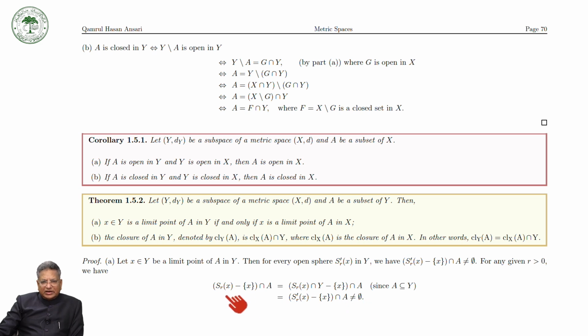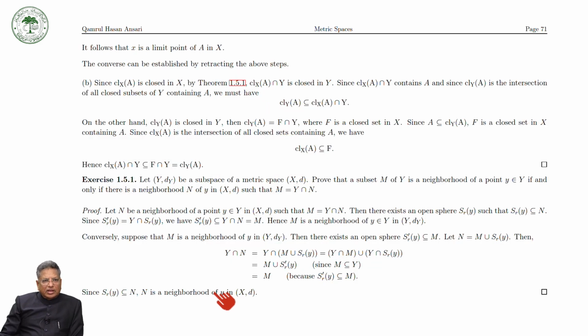It means that x is a limit point of A in Y, and we have proved that this is non-empty, so x is a limit point of A with respect to X. This is one part, and the converse can be established by retracing the above steps.